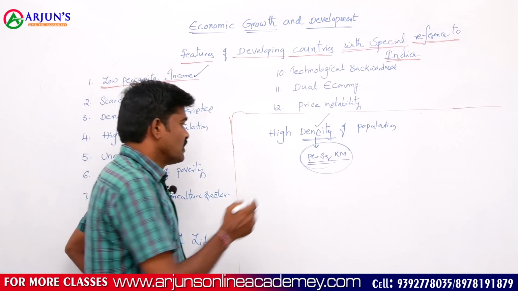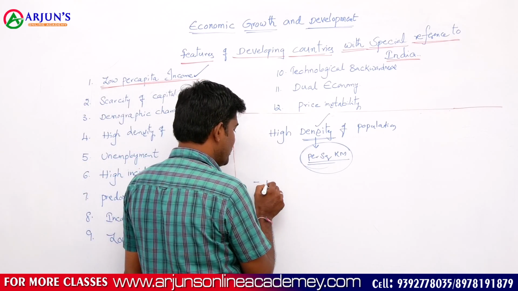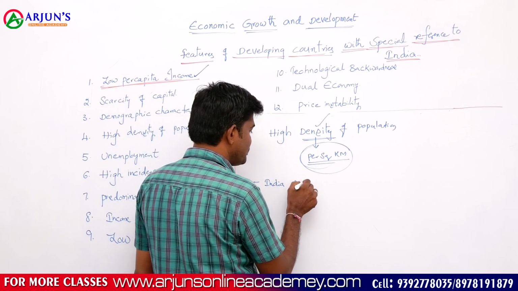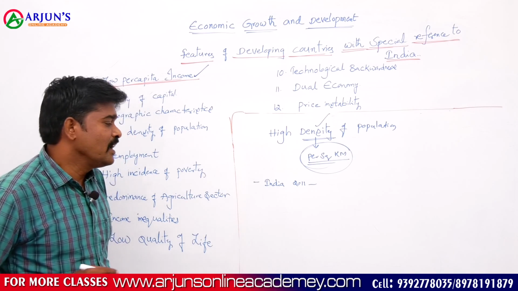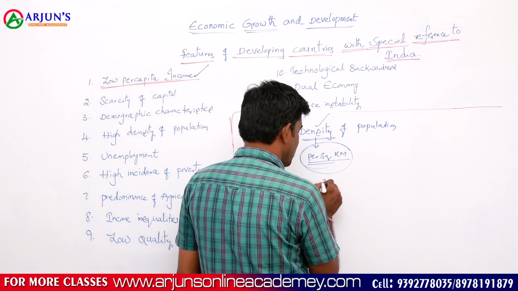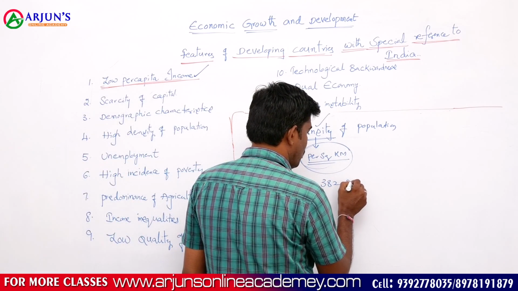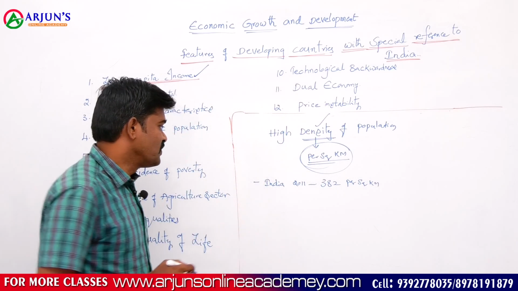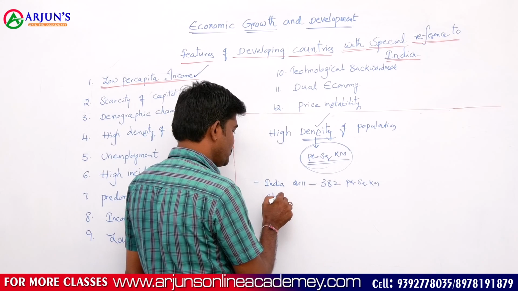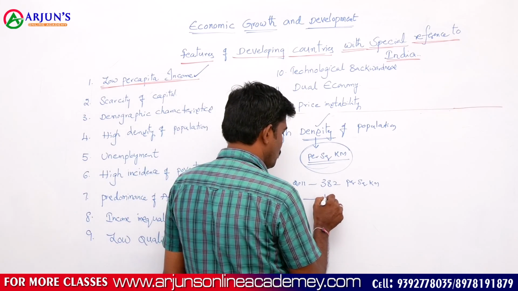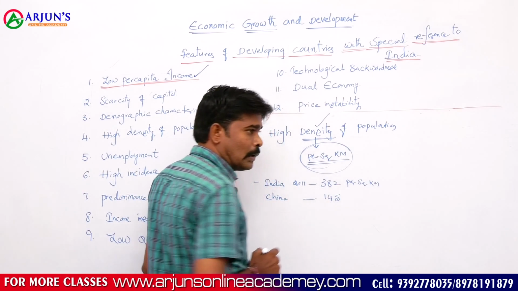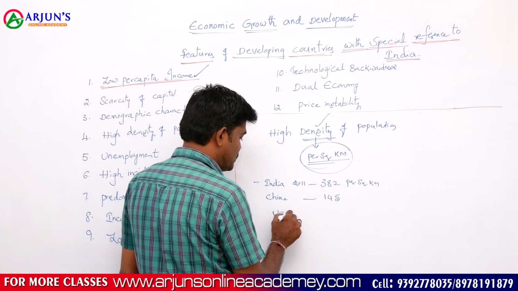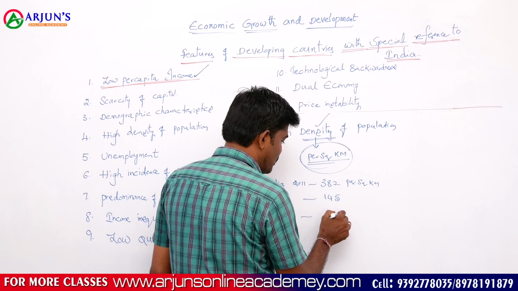The density of India as per the 2011 census is 382 persons per square kilometer. But in the case of China, it is 145. Developed economies like USA, it is only 33.